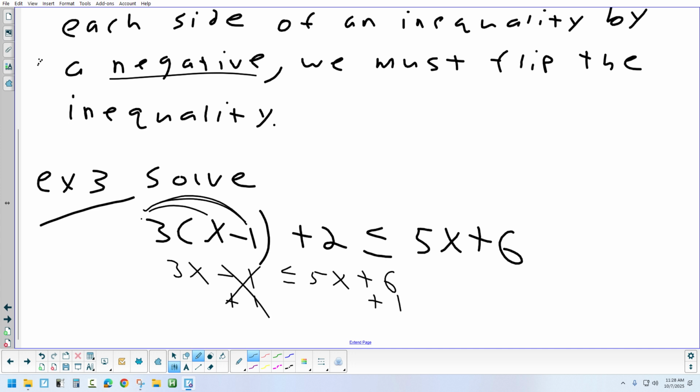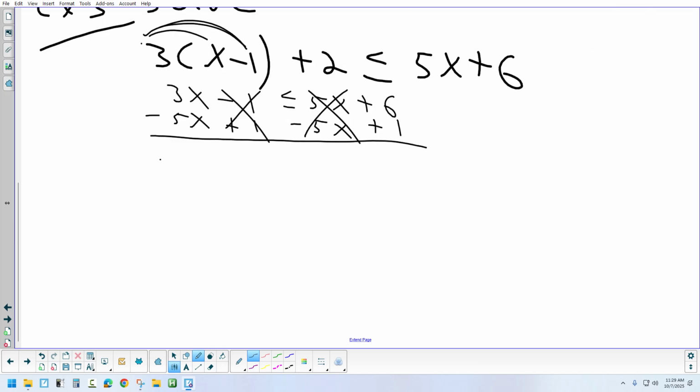Subtract 5x from each side. Okay, so we can minus the 5x. That takes care of that. Now I have negative 2x is less than or equal to 7. I didn't flip the sign because I didn't do any multiplying or dividing at all yet in this problem.